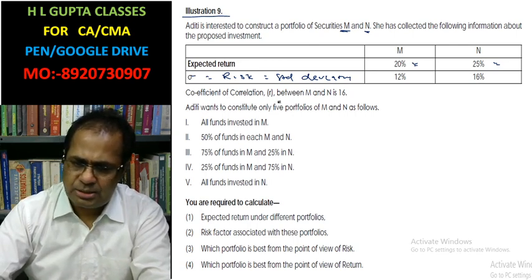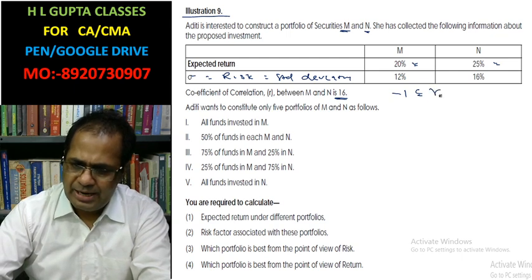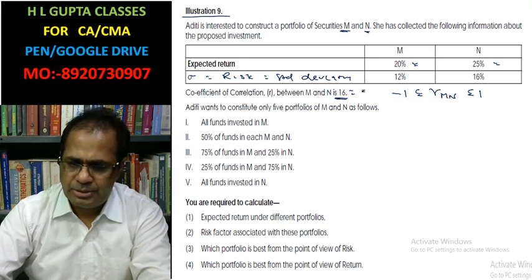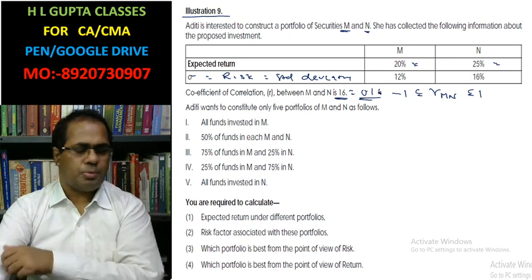Coefficient of correlation between M and N is 16. Coefficient of correlation always lies between -1 and 1, so it cannot be 16. It must be 0.16.